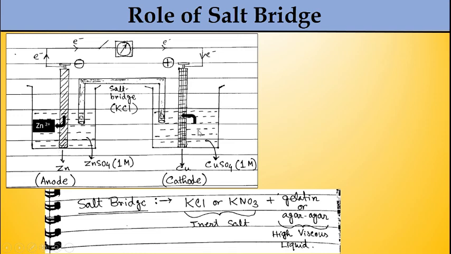Similarly, the copper 2 plus takes 2 electrons and converts to copper here. So the copper 2 plus concentration decreases, the sulfate ion is in excess, and you can say it becomes negatively charged.